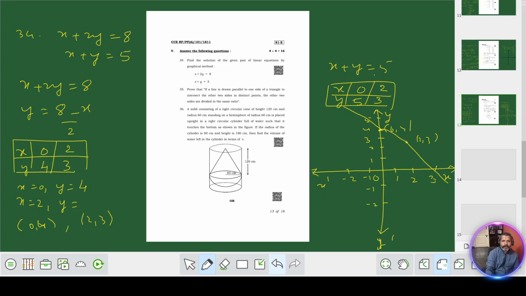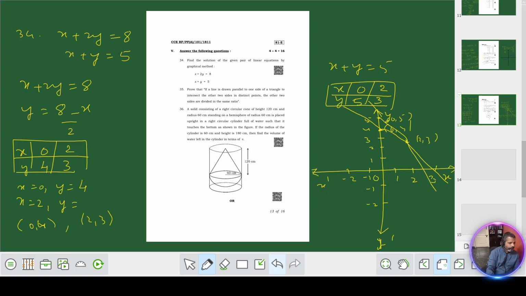Then the second equation, x plus y is equal to 5: 0, 5 and 2, 3. 2 and 3 lies here only. So you join these two and produce.